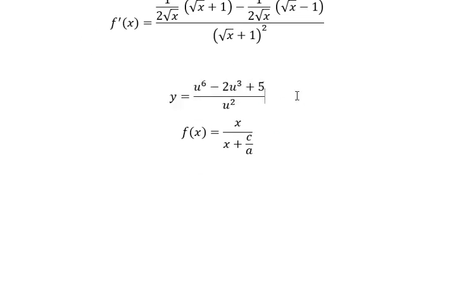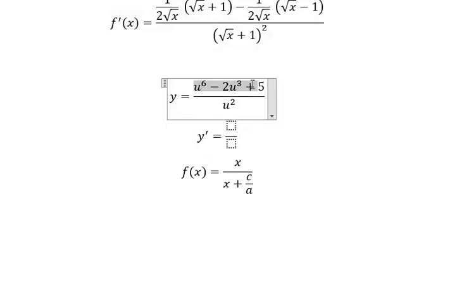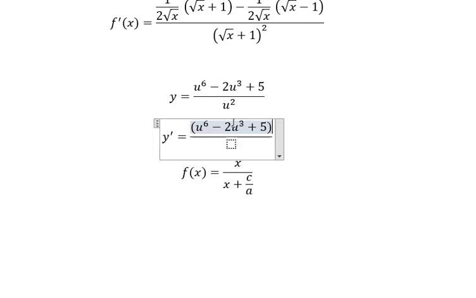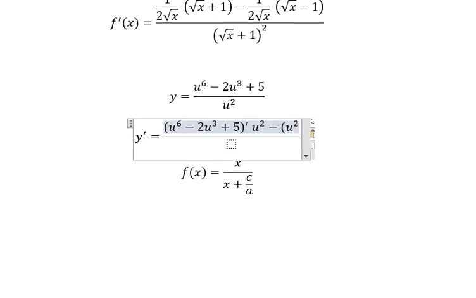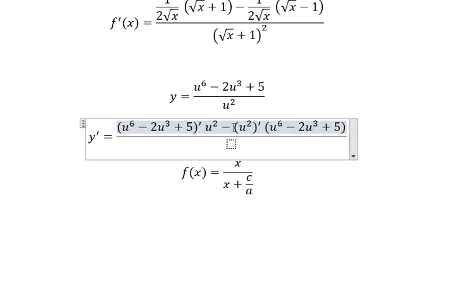This one, we do the same. U squared with the power 2, we have u to the power of 4.